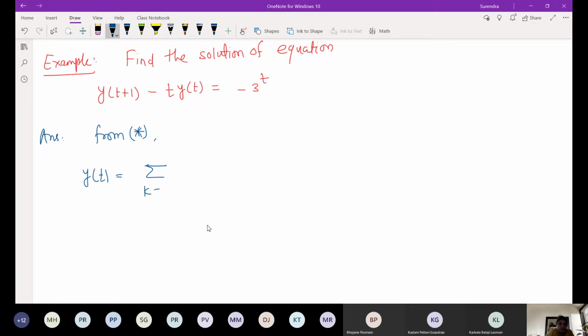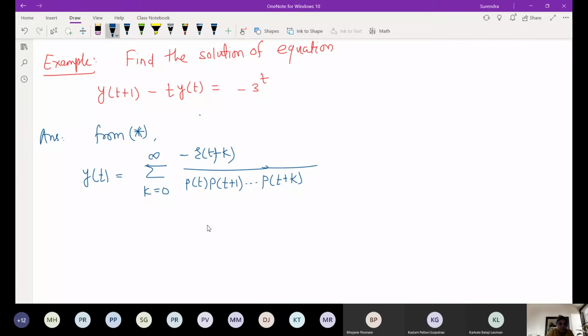Summation k is equal to 0 to infinity, minus r at t plus k divided by p of t, p at t plus 1 and so on, p at t plus k.